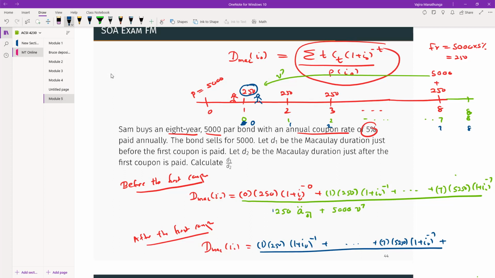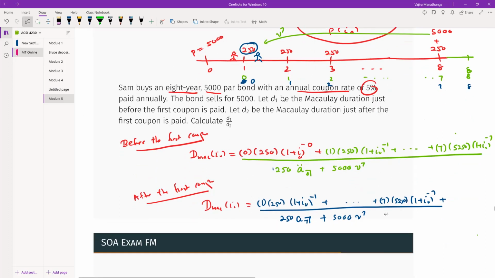So you have 250 with 7 payments, not the annuity due symbol, it's annuity immediate, plus 5,000 v^7.